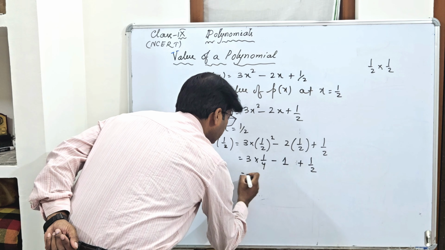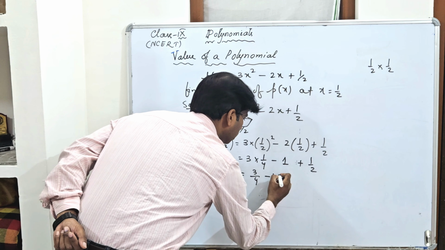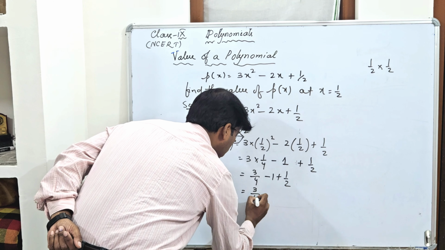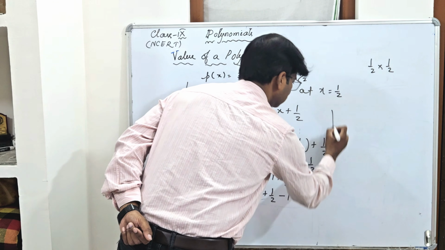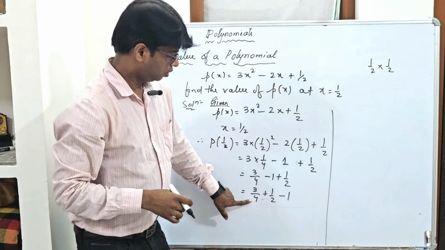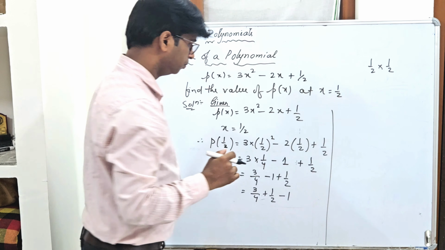So now it will be 3 by 4, then minus 1, then plus 1 by 2. As per the BODMAS rule, we will first do the addition, then the subtraction. So I am putting a line here. Addition of rational numbers with different denominators means we have to find the LCM.